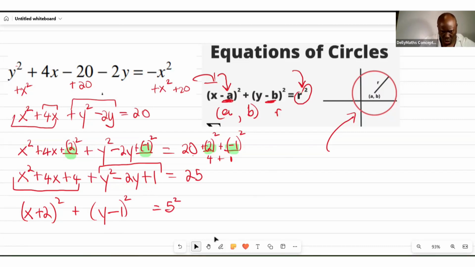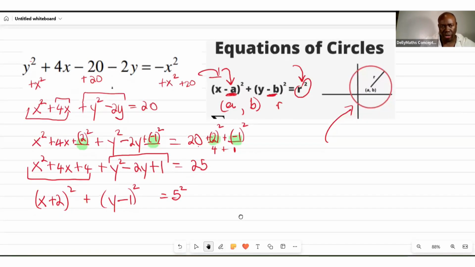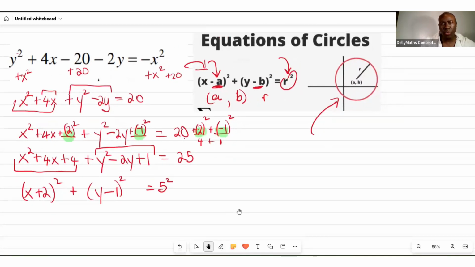All right. So with this said, what we're doing here is setting up so that we could look at our center and pick our radius. Our center is to actually take the opposite of that value. So it's +2, which means the center is at -2. And the y coordinate, this is -1, that means the center is at +1.